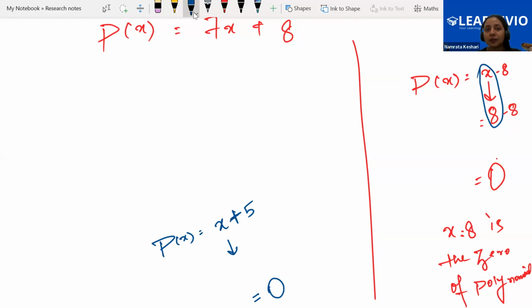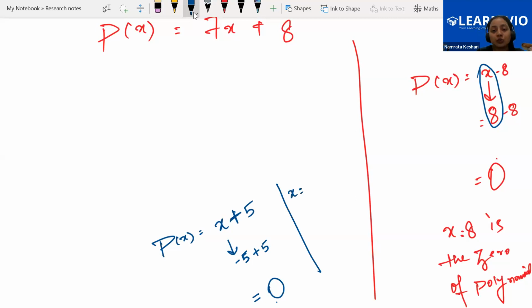At the place of x, what can be taken so that the final result after calculating is zero? Yes, Junaid, -5. If we take -5 at the place of x, then it will get added with this 5 and the final result will come out as 0.